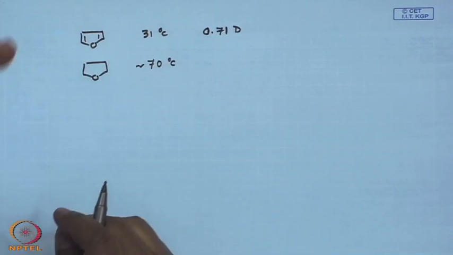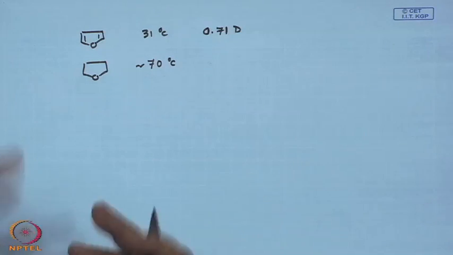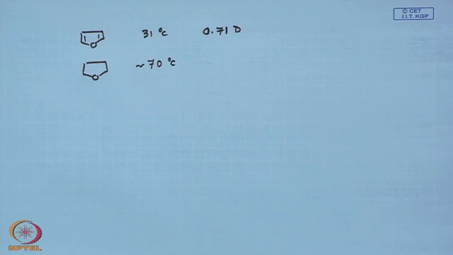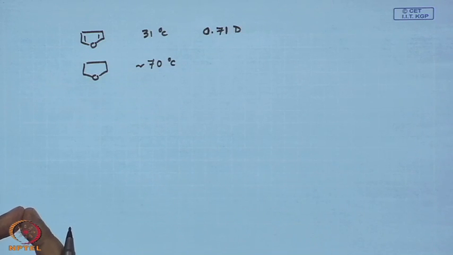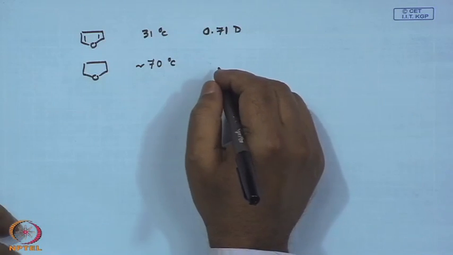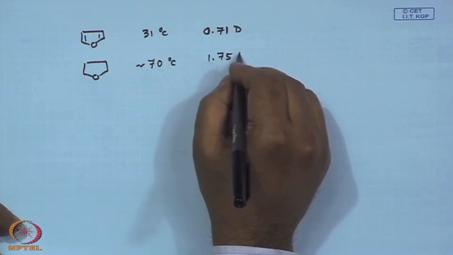We have only increased the molecular weight by 4 units, but the boiling point has enormously increased, more than double. Why? This can be attributed to a high dipole moment, right.